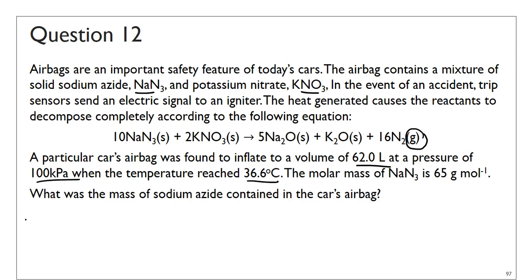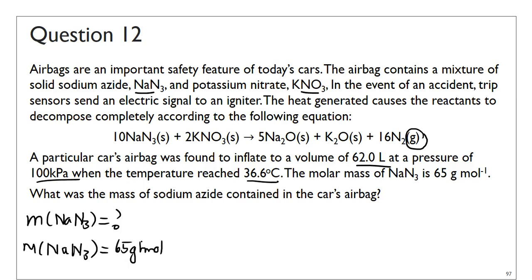So the question asks for the mass of NaN3. They have very kindly given you the molar mass of NaN3, which is 65 grams per mole. One of the products is N2, which is a gas, which means I'm allowed to use PV equal to nRT.